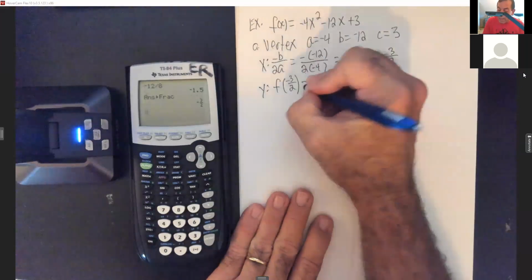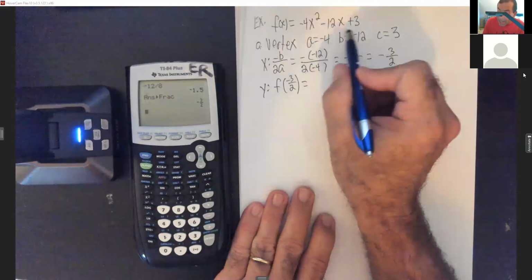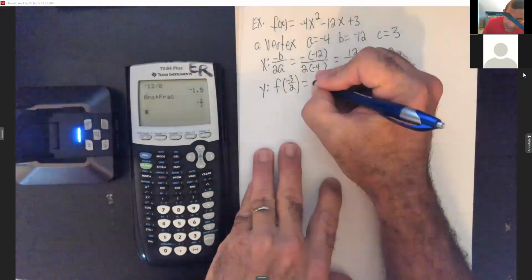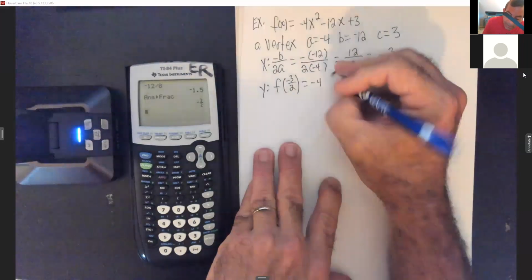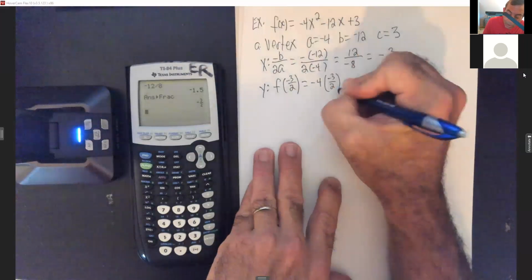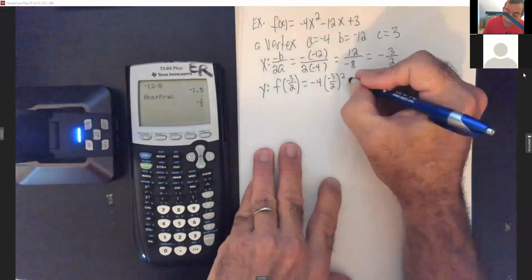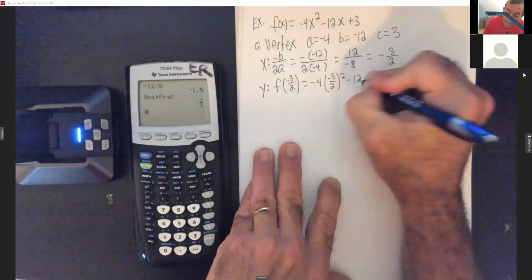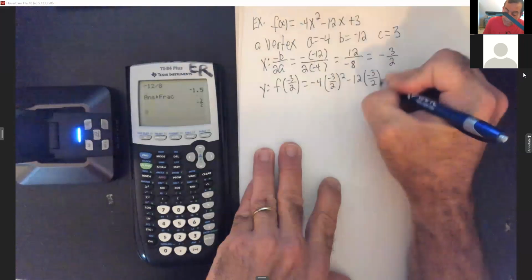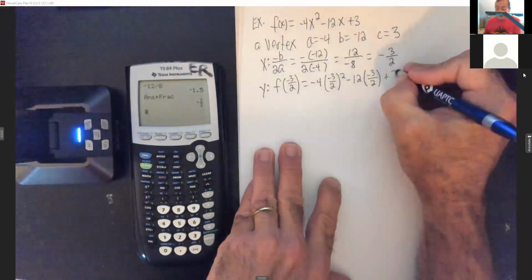Which means where they got x's, we're going to put -3/2. So you got -4 times -3/2 squared minus 12 times -3/2 plus 3.